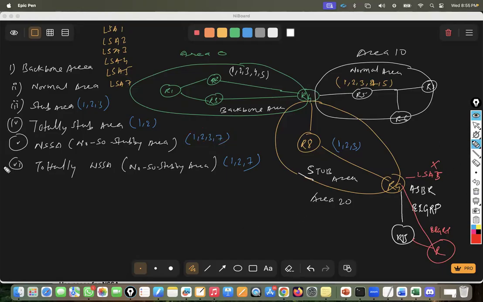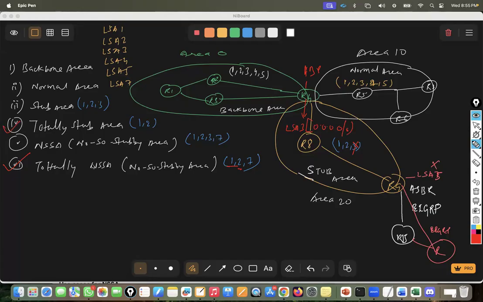Now, totally stubby area. This will block LSA 3, only LSA 2 and 1. But who generates the LSA 3? The ABR. But this will still generate the LSA 3, and this LSA 3 will have the default route.